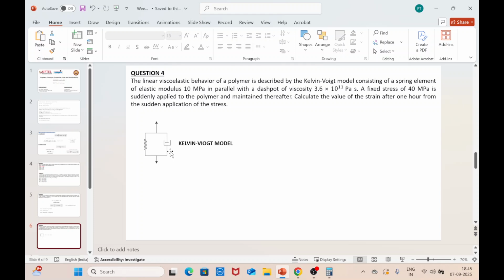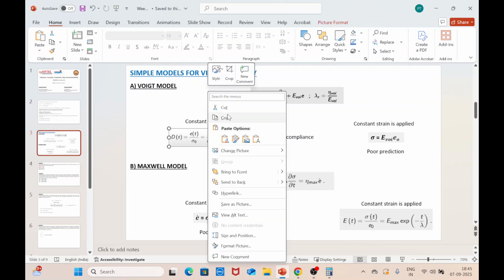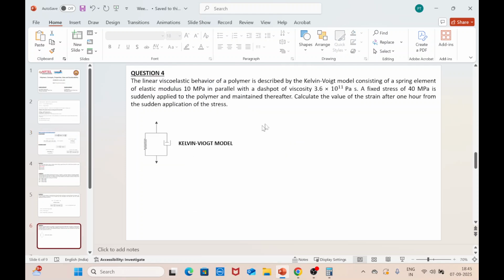So, Kelvin-Voigt model, and here the stress is fixed, so constant stress is applied, so we have to use this equation. Based on this, we are supposed to calculate the value of the strain.